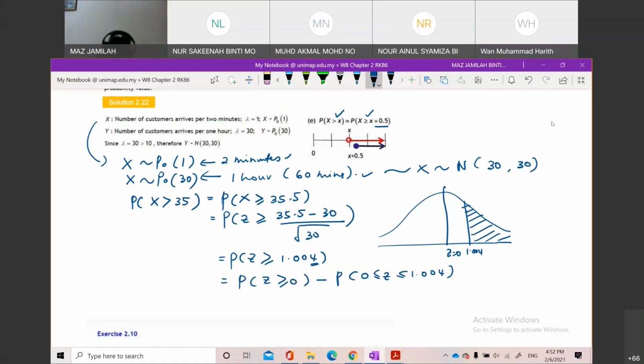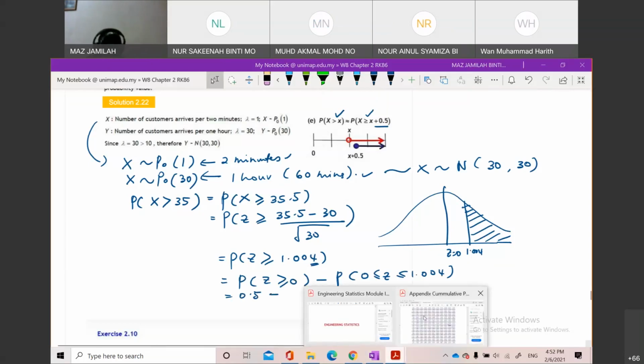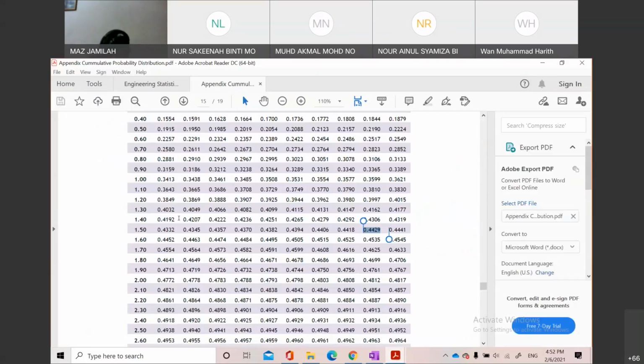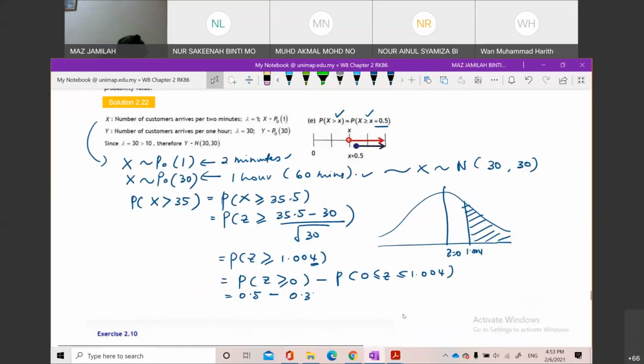So you will have 0.5 minus 0.3413, which is equal to 0.1587. So that will be your probability value.